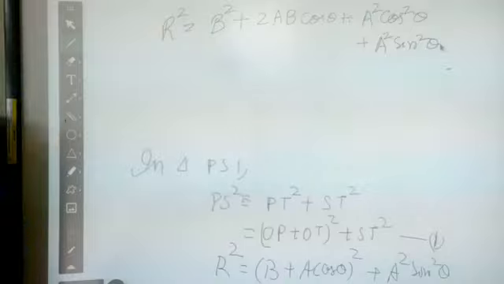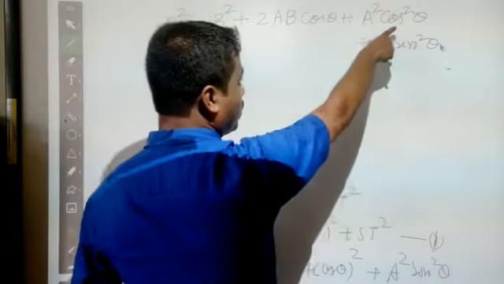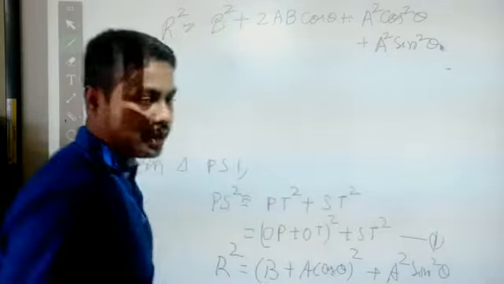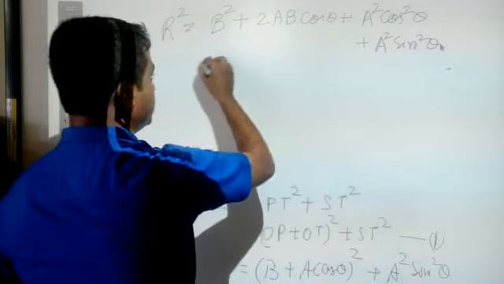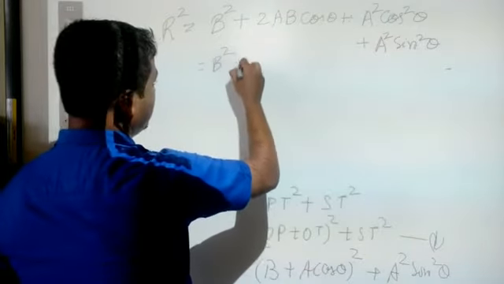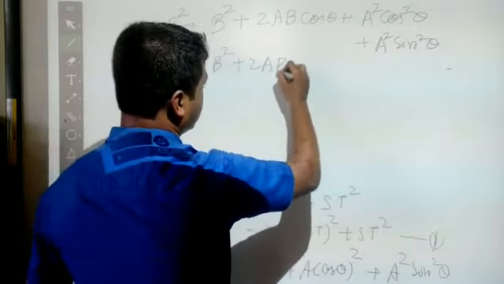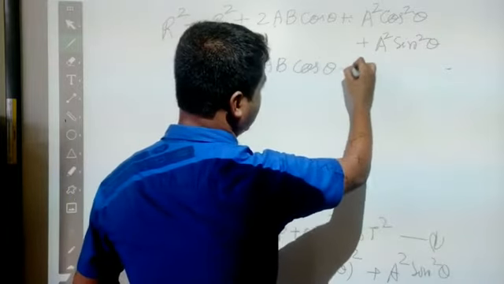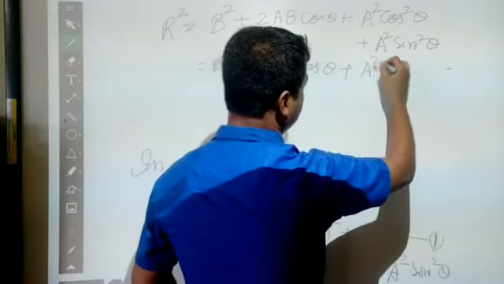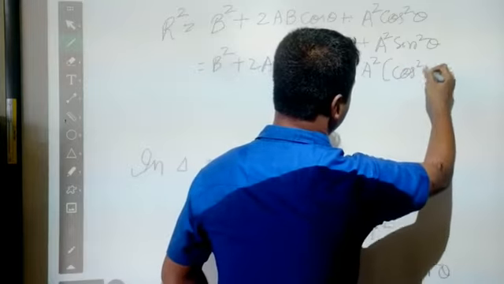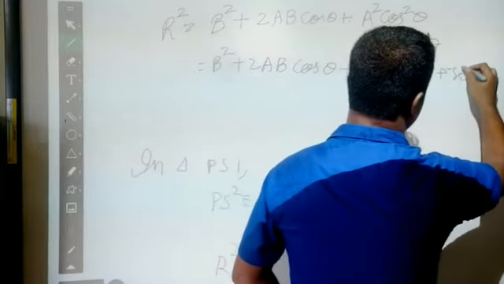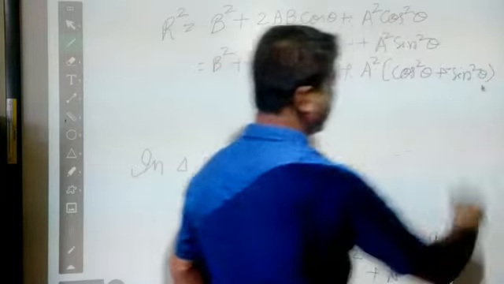Now you can see here A square cos square theta and A square sin square theta. You can take A square as common. So B square plus 2AB cos theta plus A square in bracket, cos square theta plus sin square theta.